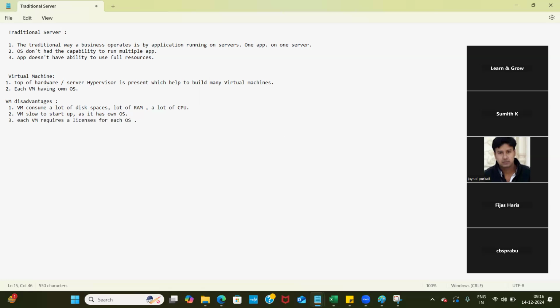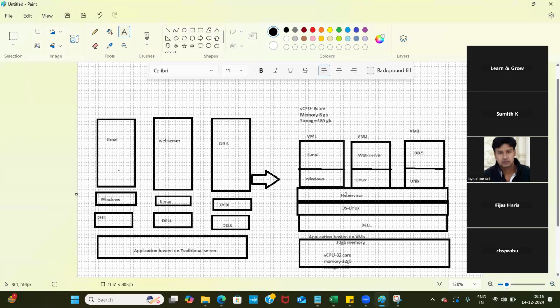See, on VM1 we have email. What are we using? Windows. VM2 has the web server. What are we using? Linux. VM3 has the database server. What are you using? Unix.